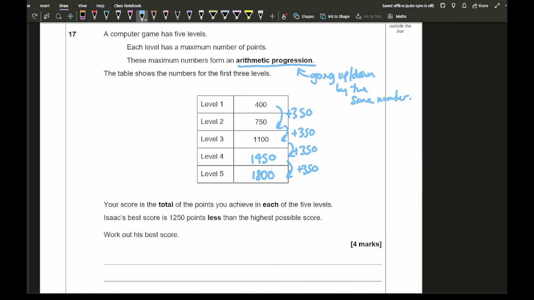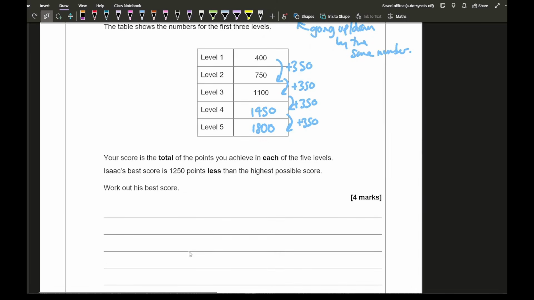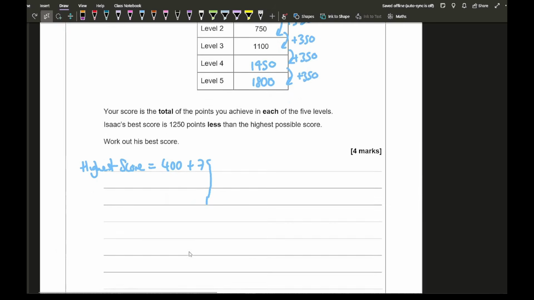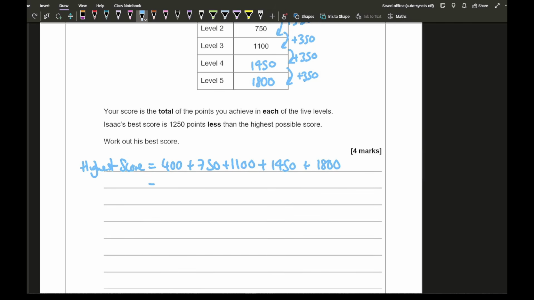So then what we could then do is work out the maximum score. So the highest score is going to be 400 plus 750 plus 1100 plus 1450 plus 1800. And if we add up all of those scores together, let's just quickly do that on the calculator.